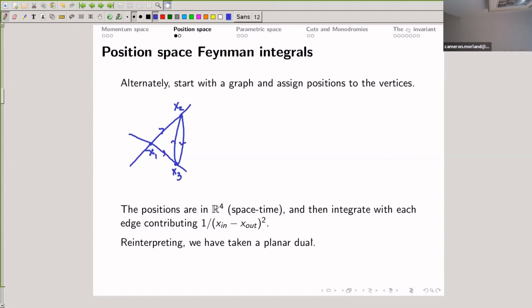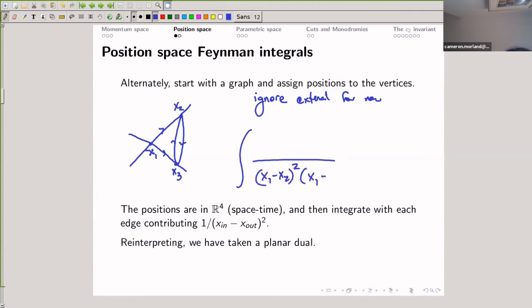And I am again going to ignore external for the moment. And then we would write an integral, and we'd have an (x1 minus x2) squared, and we'd have an (x1 minus x3) squared, and we'd have an (x2 minus x3), well, it's squared, so I don't really care.